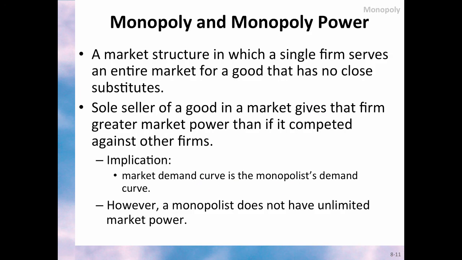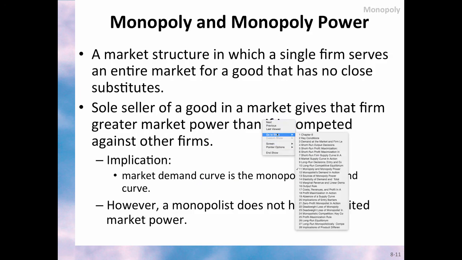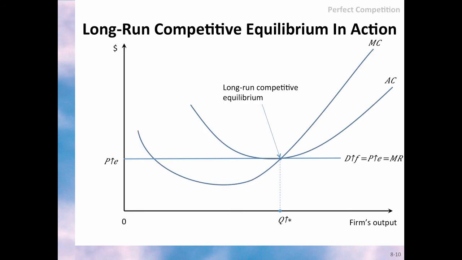At this point, Q star, all companies are making zero economic profits. Remember, when this happens, accounting profits are positive. Go back to previous chapters if you need a refresher into what this means.